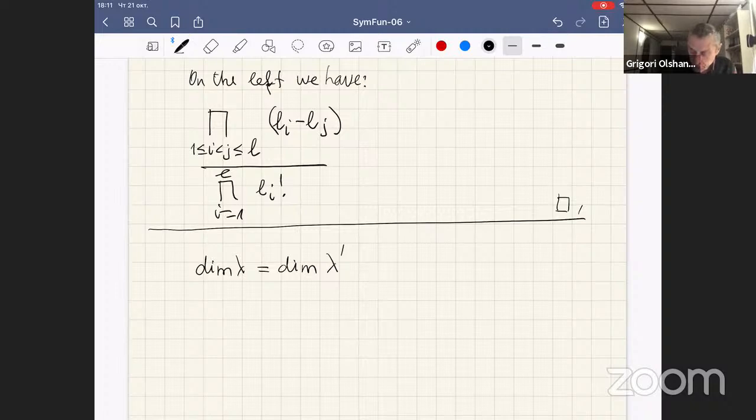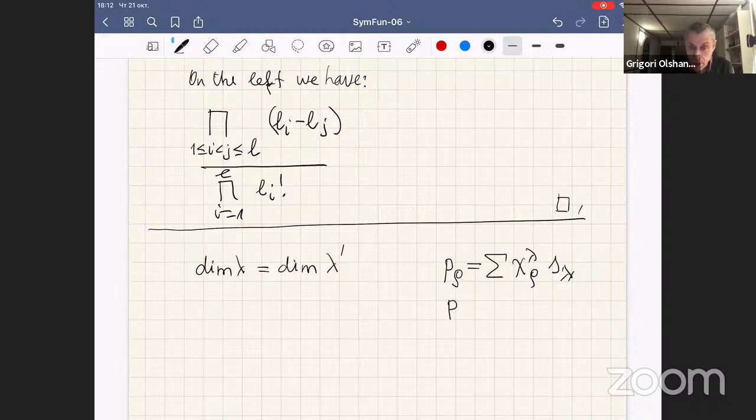Another way is just to look at the initial definition, which says that... so write this as follows.